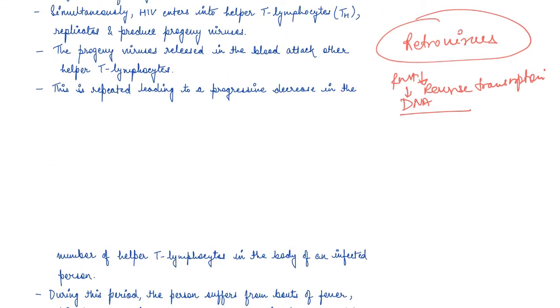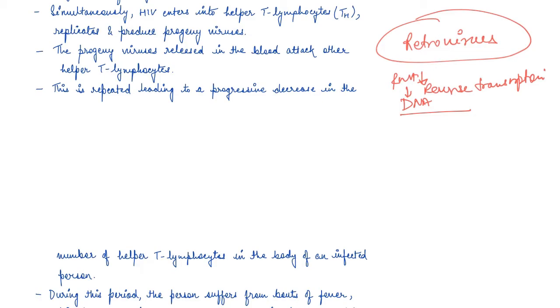And then simultaneously they enter into the helper T lymphocytes as well, right? We studied about B lymphocytes and T lymphocytes, right? They basically provide us acquired immunity. Am I wrong? No, right? So simultaneously they are getting produced in macrophages, and then they start getting into T lymphocytes as well, and they start replicating there and producing progeny viruses there as well.